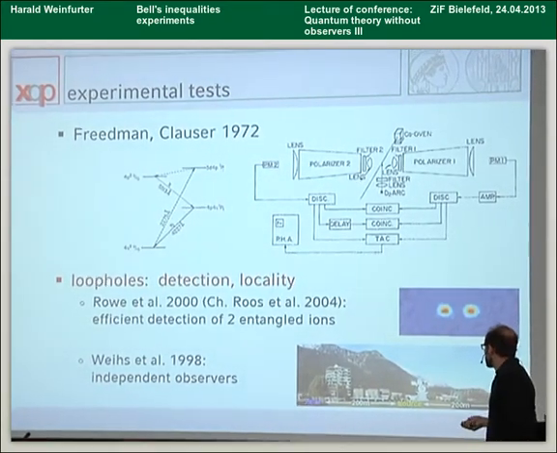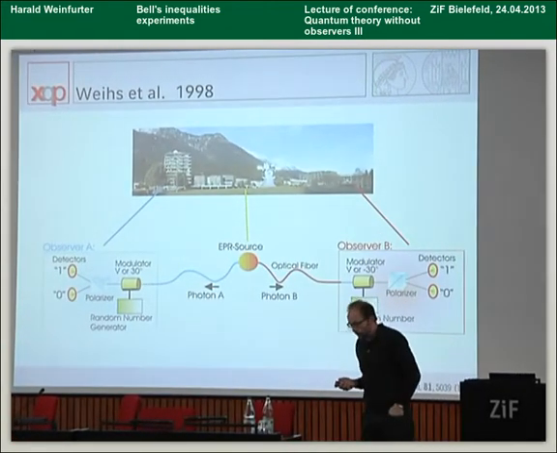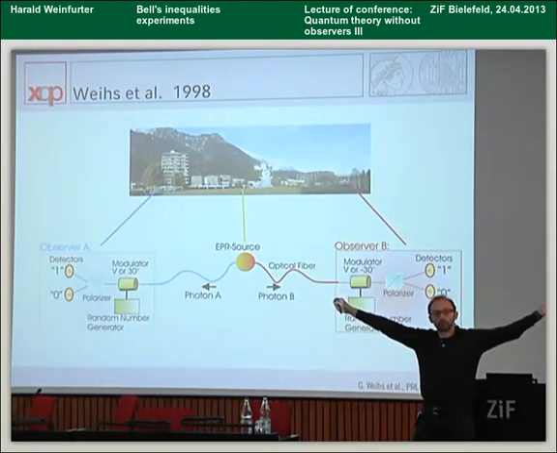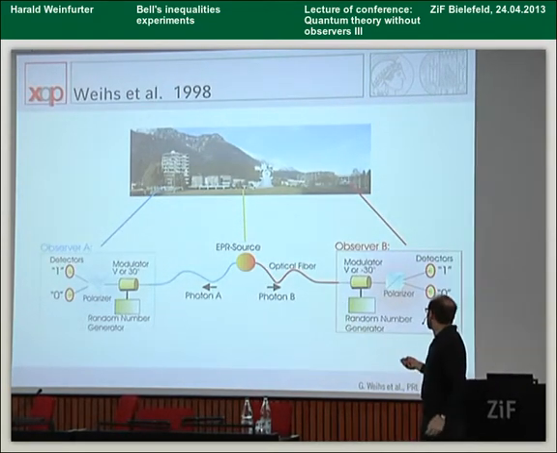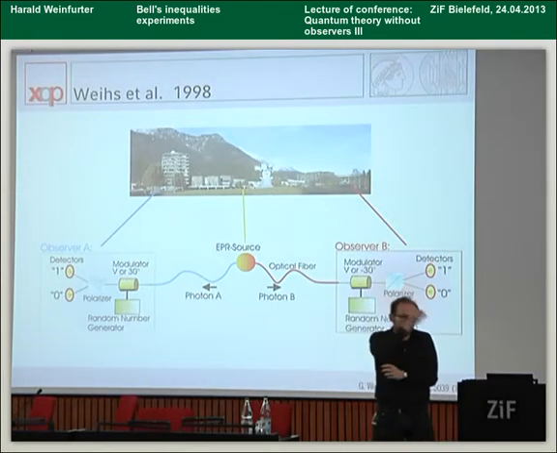Now, independent observers, we tried to do in Innsbruck some time ago, where we distributed two photons along the campus of the Innsbruck University. The distance was about 400 meters, and the observers consisted of a random number generator, which controlled a Pockels cell, which determined the analysis direction.